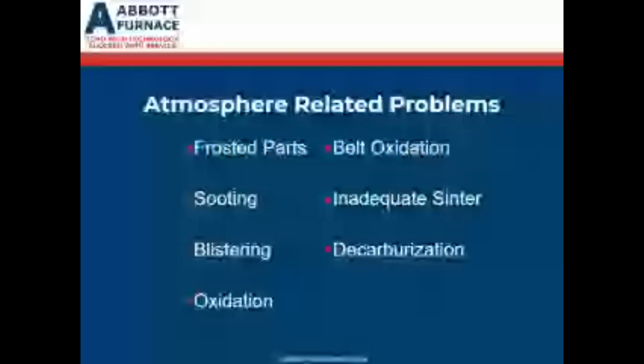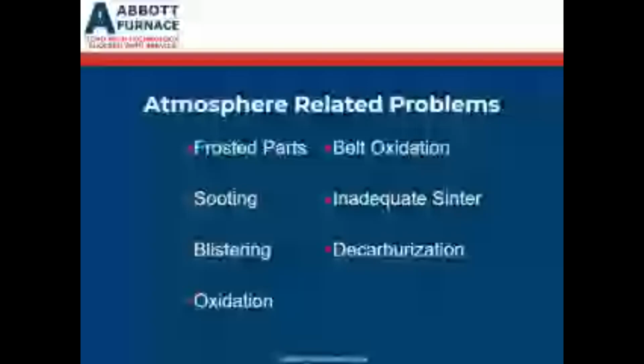If they were being carried back into the later part or the higher temperature parts of the furnace, that soot would condense out and kind of be on the parts. So you could see sooting as far as like a grease on the parts or staining. You may see sooting as like a black snow laying on the parts, and that would indicate more of an atmosphere balance or an atmosphere lack of flow issue.